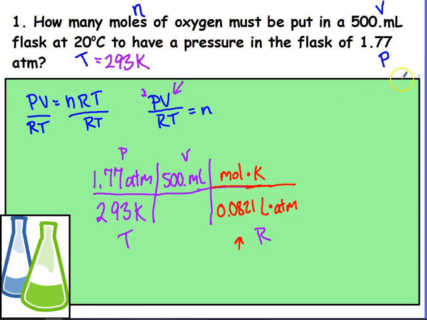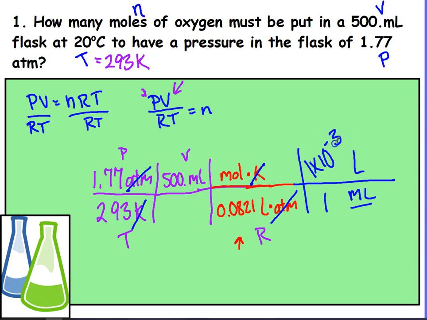Next, I'm going to start canceling out my units. K cancels out, ATM cancels out. I'm left with milliliters, liters, and moles. Since they just want moles, I need to get rid of milliliters and liters, so I have to do a conversion step. Milliliters to liters. This is 2 letters, so this gets the 1. This would be 1 times 10 to the negative third.